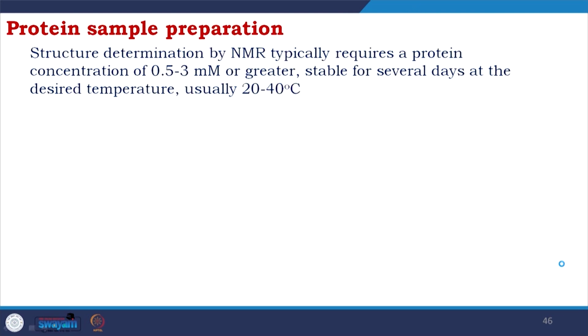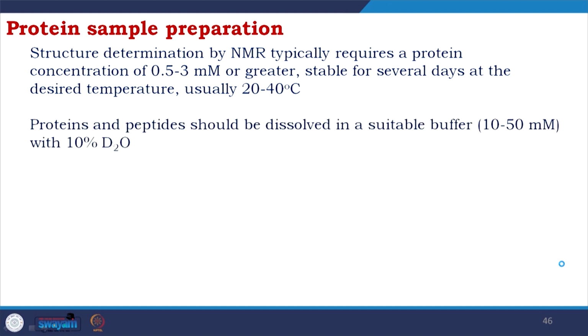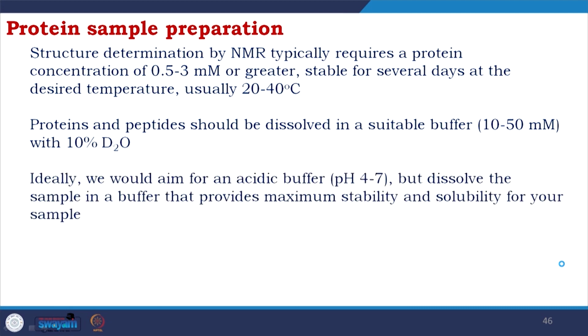So, how will we do the protein sample preparation? We will do the structure determination by NMR. It typically requires a protein concentration of 0.5 to 3 millimolar or greater, stable for several days at the desired temperature, usually 20 to 40, the experimental temperature. Proteins and peptides should be dissolved in a suitable buffer, 10 to 50 millimolar with 10% D2O.